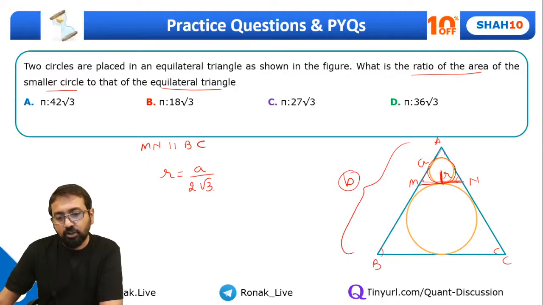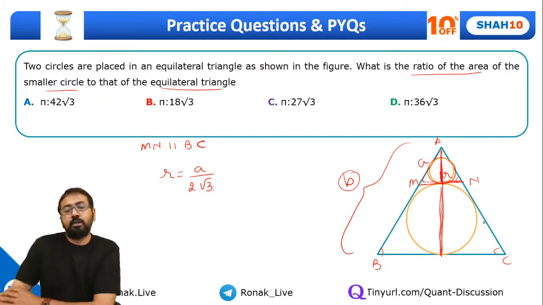Now for this bigger triangle, what will be this height? Can I say this complete height is the smaller triangle height plus the diameter of the circle?